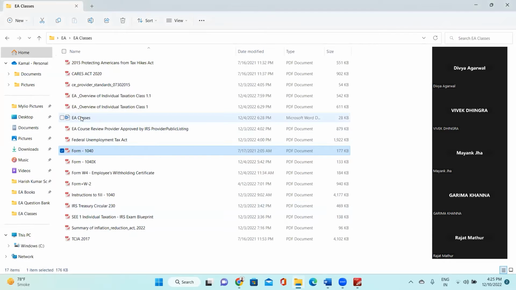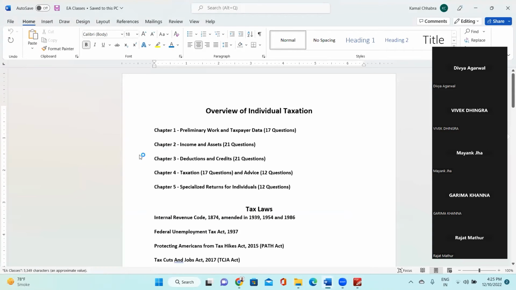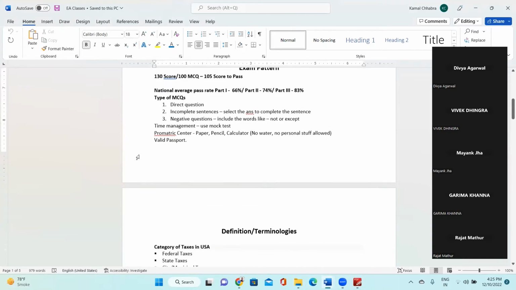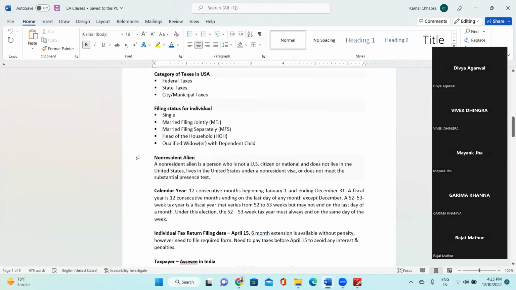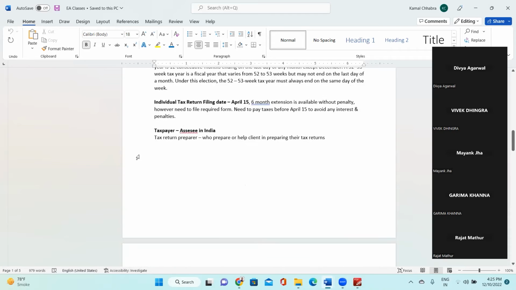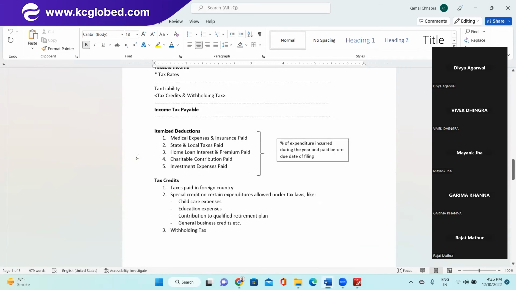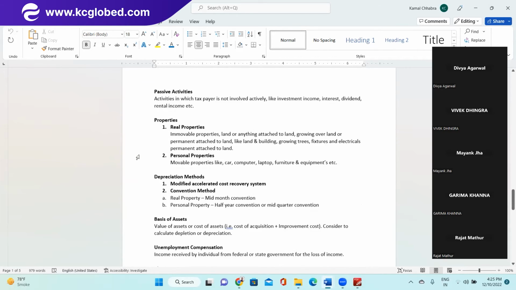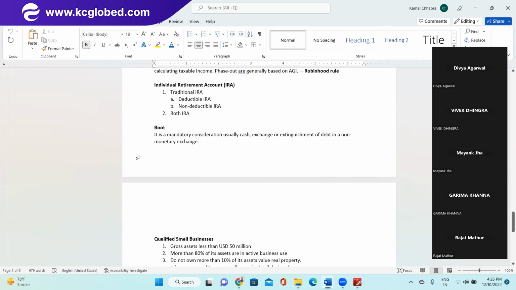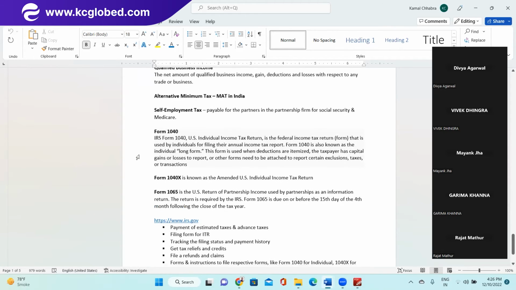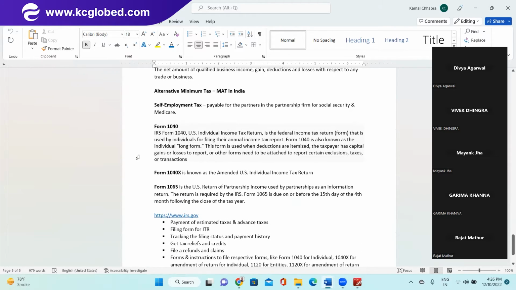Do you remember these notes I have shared with you, which we discussed in the last class, the definitions and terminologies? There's one topic which is called alternative minimum tax. Right? Do you remember this topic? We touched base on it in the last class.